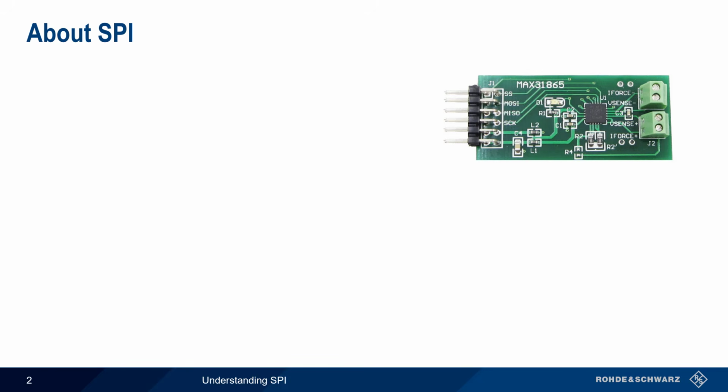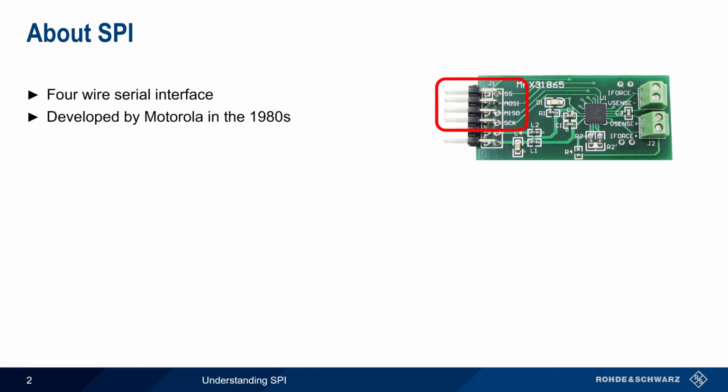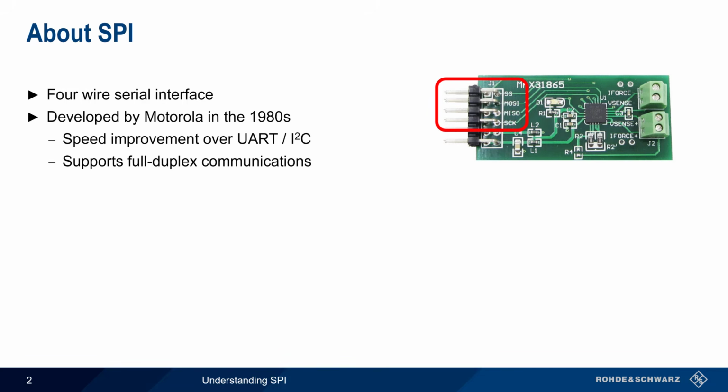SPI, also referred to as just SPI, is a 4-wire serial interface, originally developed by Motorola in the 1980s. SPI provides speed improvements over other serial data protocols, such as UART or I2C, and can also support full duplex communication. However, SPI is somewhat loosely defined in that it does not specify frame formats, number of bits transmitted, or even voltage levels.